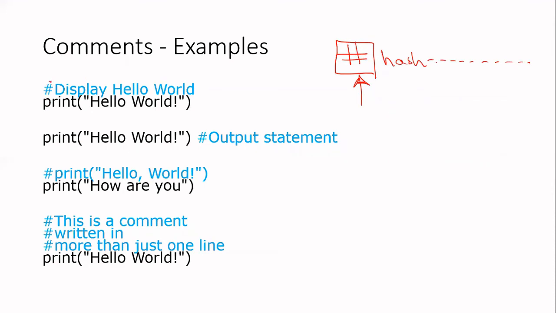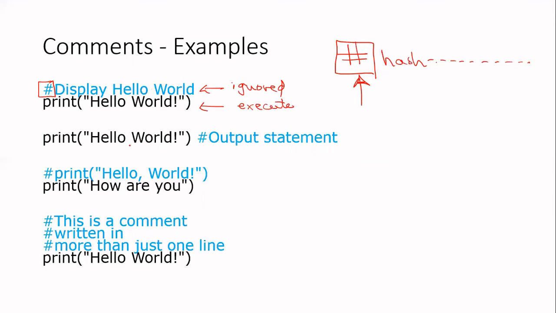So immediately we see this is a comment, and the comment is just saying display hello world. So it's telling you what it's doing. And this statement is ignored. And this is the statement that the computer will execute.